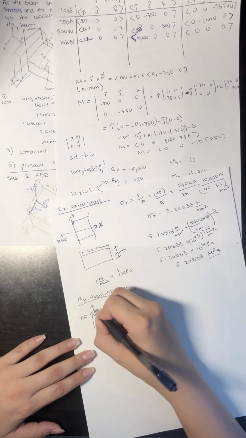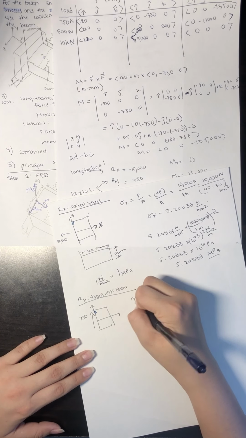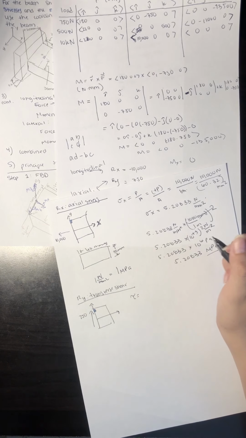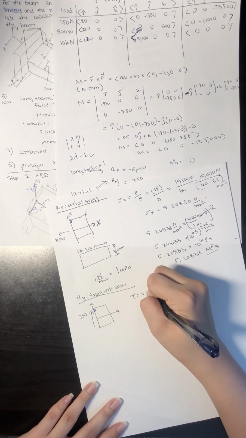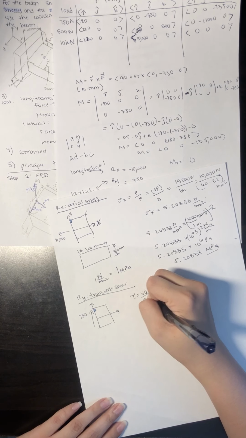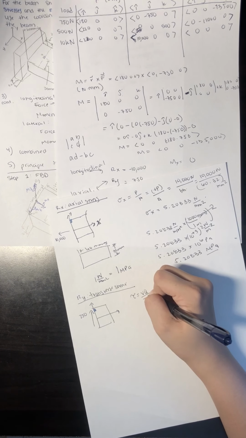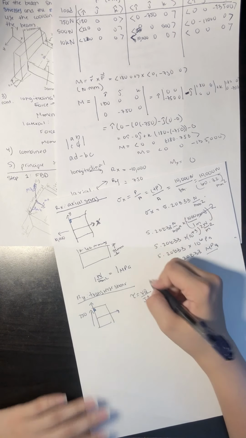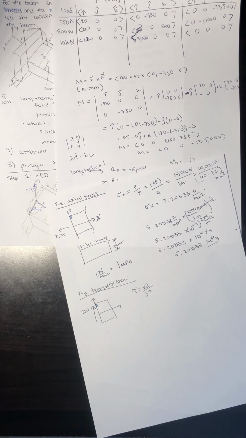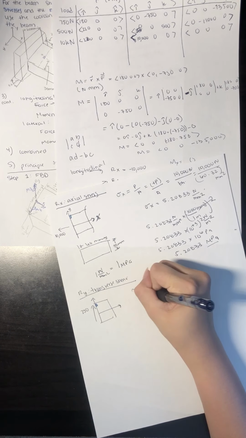Alright, so transverse shear is equal to tau is equal to VQ over IT. Sorry.